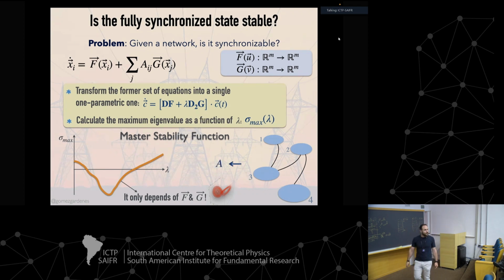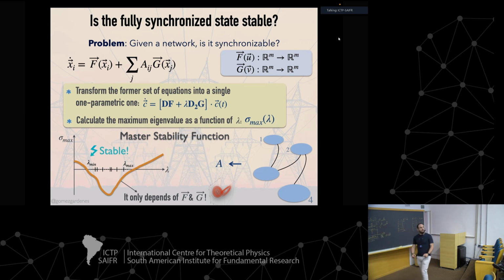So I take the network, I consider the adjacency matrix A, and compute the spectrum. And the spectrum goes from lambda min to lambda max. And now, just check it. If all the eigenvalues here correspond to negative values of the function, then the system is stable, and we have light.